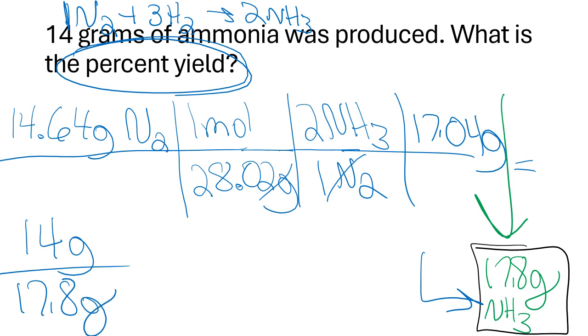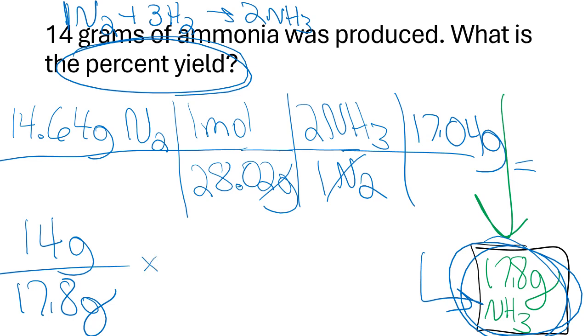For the next one, it ends up being like 200% yield. That's not really possible unless something went really wrong, and it's not actually what you think it is. You can't make more nitrogen and hydrogen.